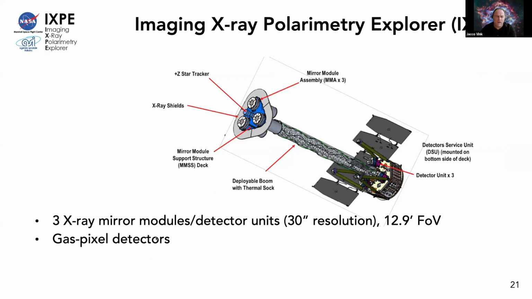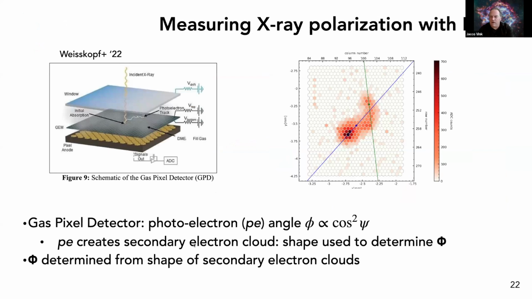And the detectors are the Italian gas pixel detectors, which you see here. It uses the photoelectric effect. So an electromagnetic wave comes in and ejects a photoelectron, and the photoelectron has a tendency to be ejected along the electric vector of the field.